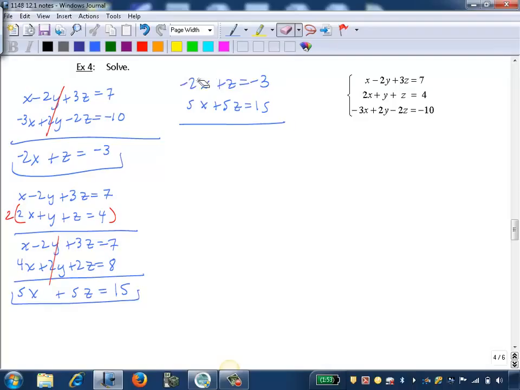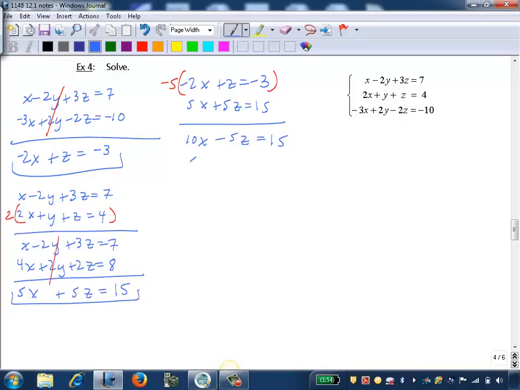So if I multiply this first equation by -5, it would give me a -5z. So then when I add it to the 5z, those will be eliminated. So I'm going to multiply that first equation by -5. So that will give me -5 times -2x is 10x, -5 times z, -5z, and -5 times -3, 15.